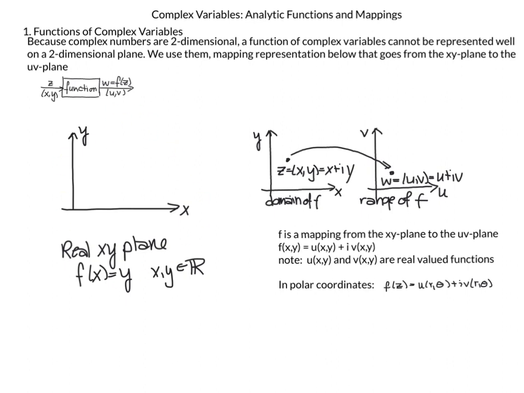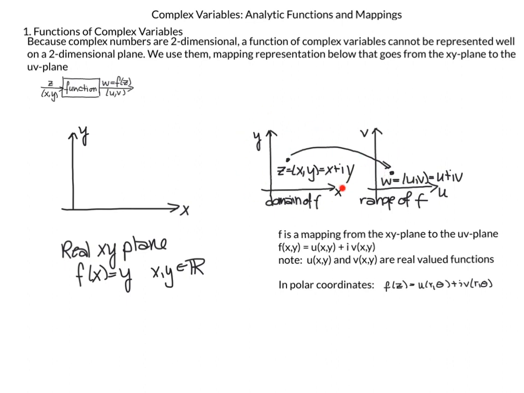However, because complex numbers are two-dimensional, in other words, we can't just represent a complex number with one axis. We need two axes. We need the x and the y-axis to represent the real and imaginary portion of a complex number. So when we have a function, we can't graph our z versus f of z on a two-dimensional graph. But what we do is we picture or visualize it by using this mapping kind of look.